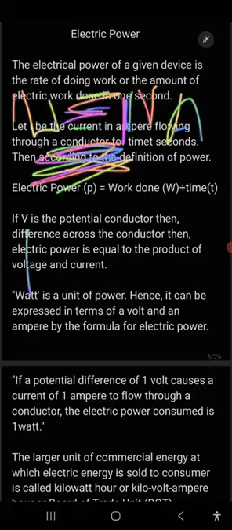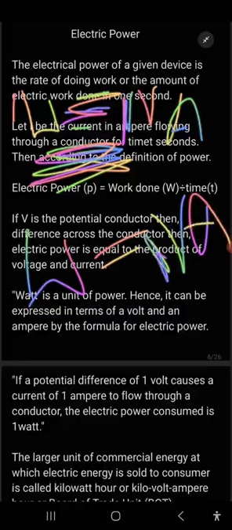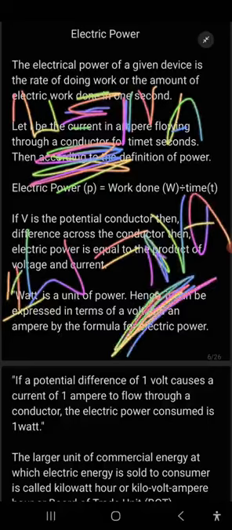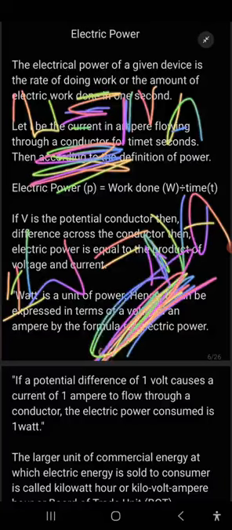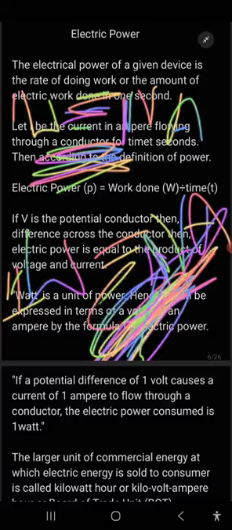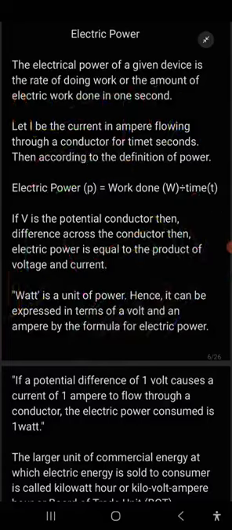What is VA? Volt into ampere. That's crazy.